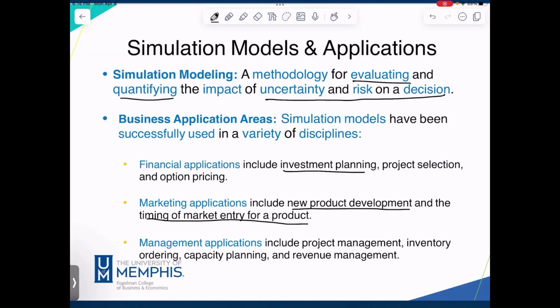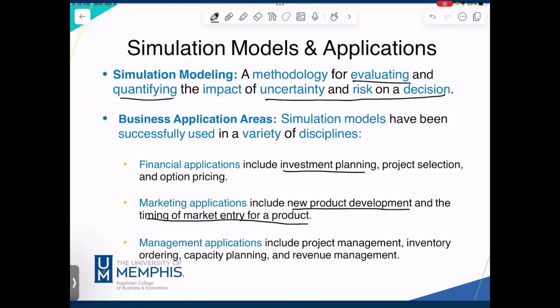Which means that there are some things that are uncontrollable, some things that are random, and based on that, you will always have a risk of either gaining or losing profit in a new product development or in entering a new market, right? And with this toolbox in our backpack, we will be able to analyze this risk, okay?